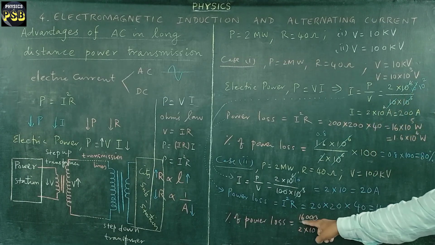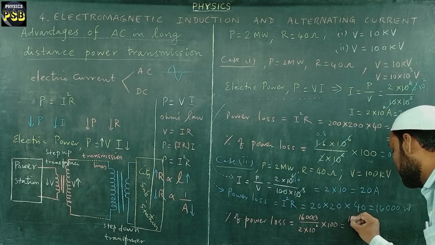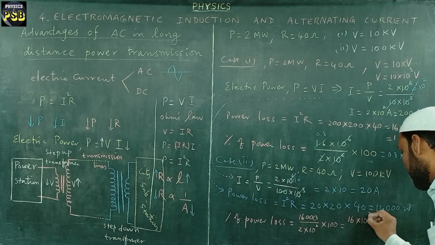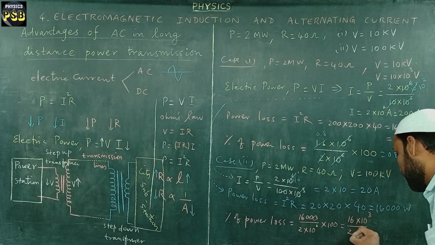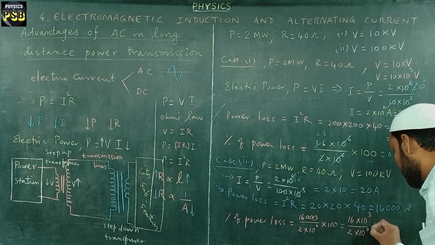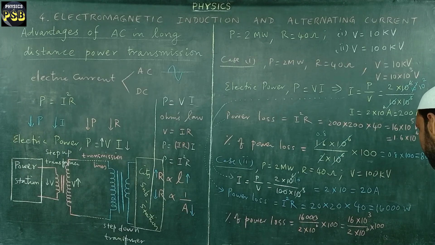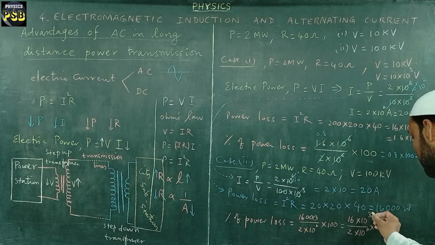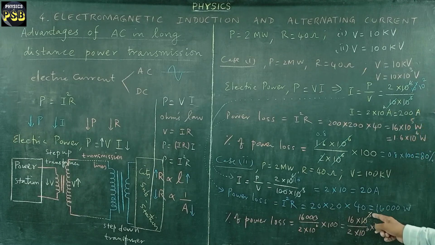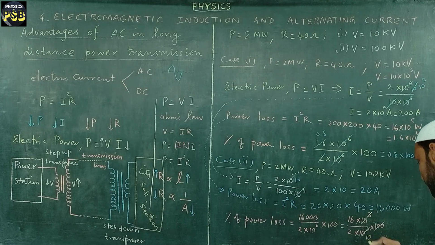Here, 16,000 is written as 16 into 10 power 3, divided by 2 into 10 power 6, multiplied with 100. Okay, now see, I simplify this. When 10 power 3 is multiplied with 100, we get 10 power 5. When we cancel this 2, we get a 10 here in the denominator.